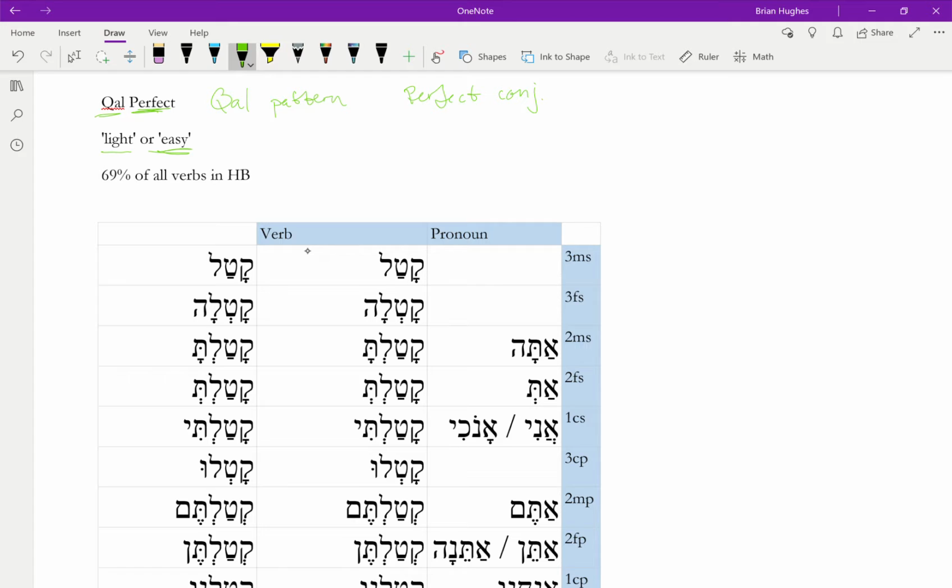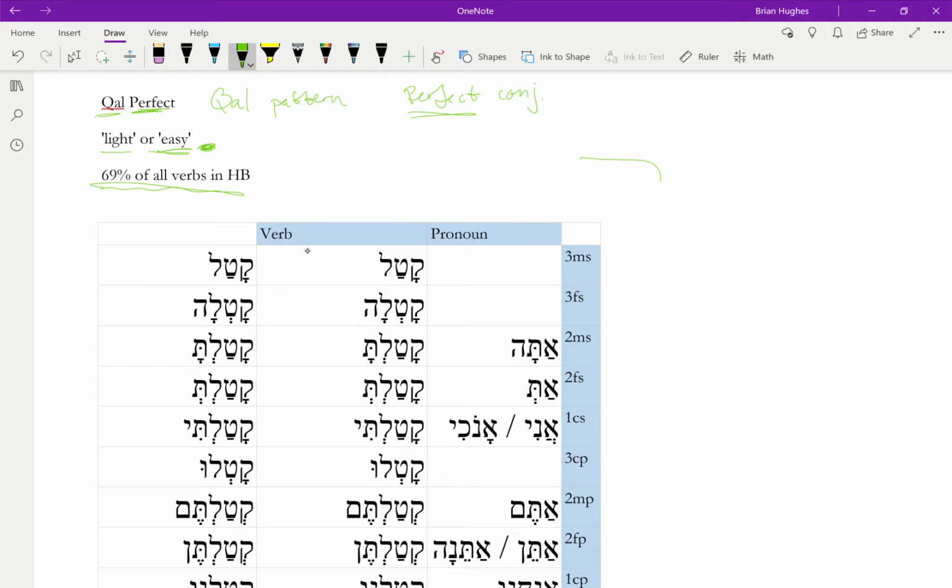Like if you're ever called on in Hebrew exegesis and you just don't know what to say, then you've got a better than 2/3 chance of being right if you say Qal. That doesn't mean you will be right, but there's a good chance. The perfect conjugation we're going to see is for completed action in the past or a stative to express a state of being.